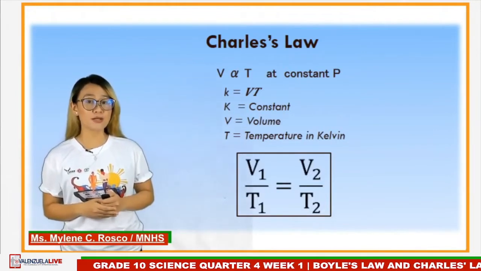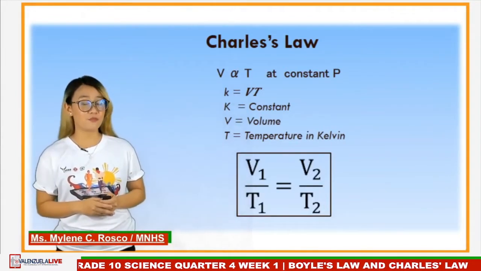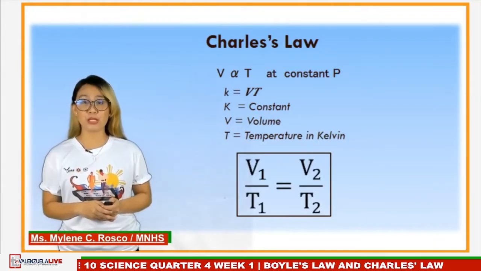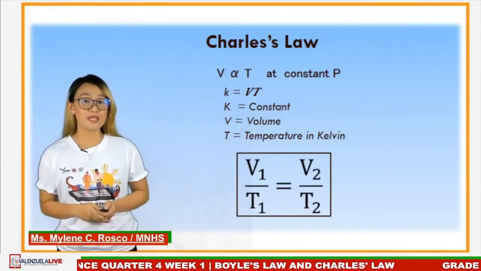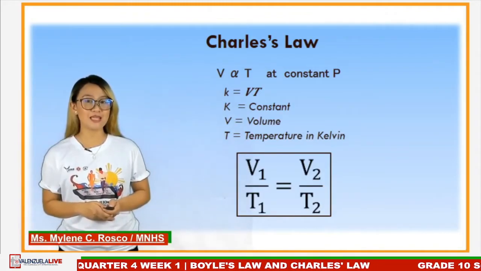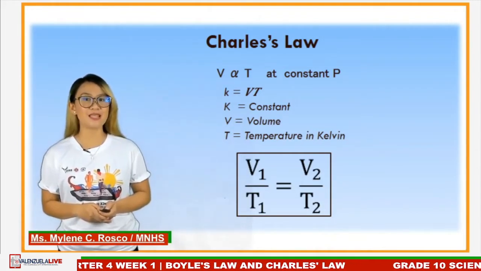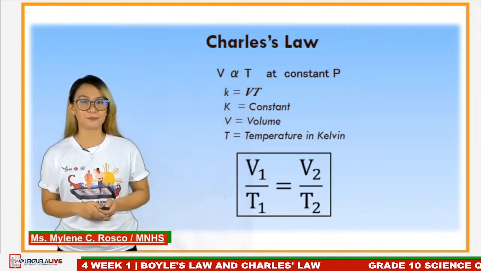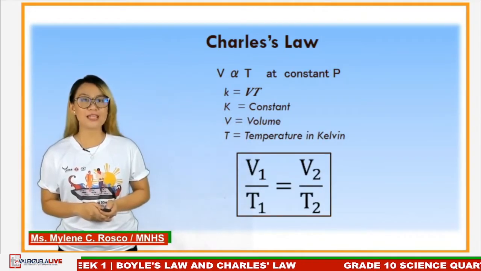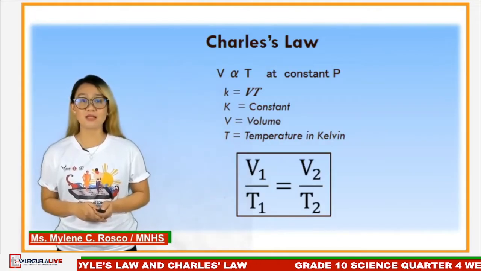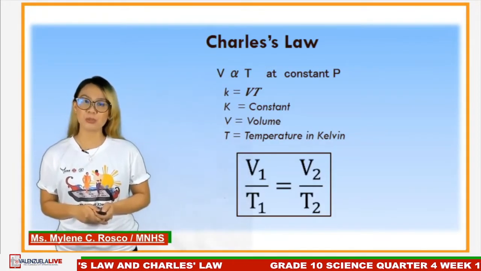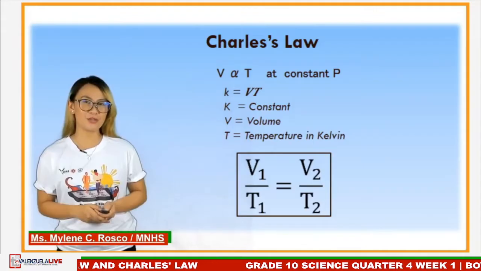Mathematically, Charles' law can be expressed as V is directly proportional to T at constant pressure, where V is volume and T is temperature expressed in Kelvin scale. Note, degrees Celsius must be converted into Kelvin because it is the basic unit for measuring temperature in the international standards.